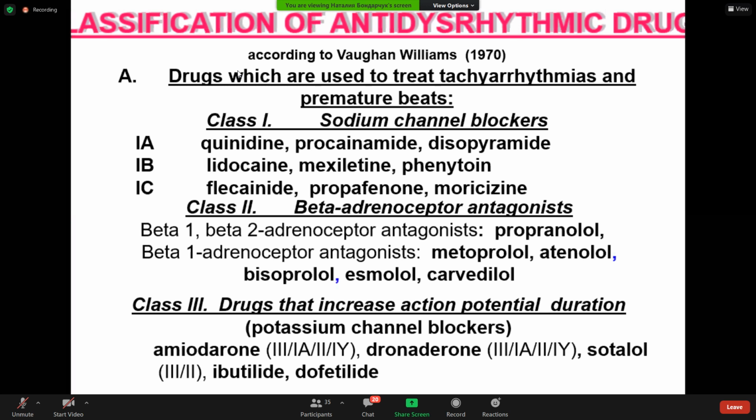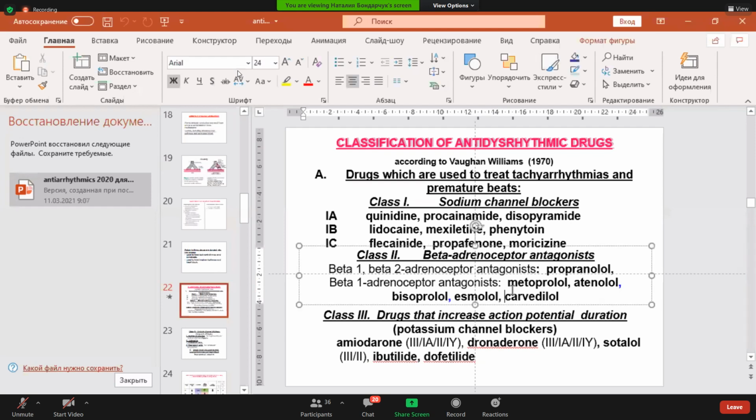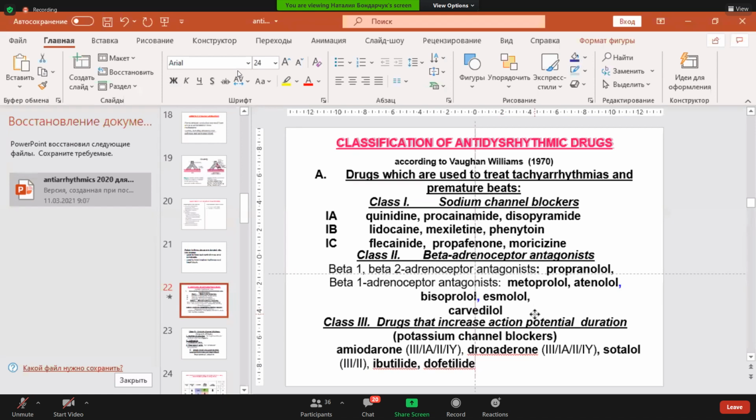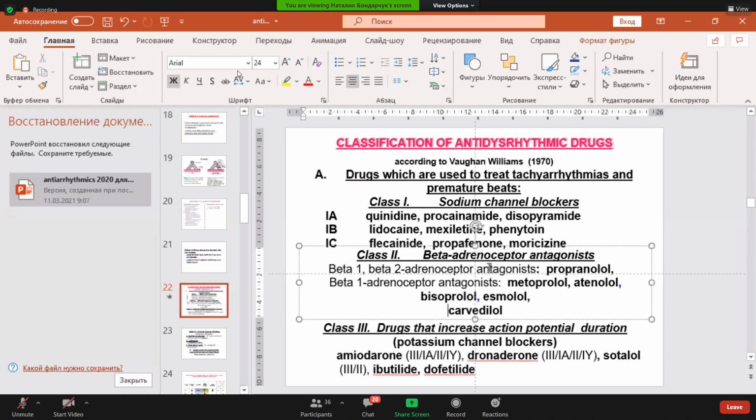So, non-selective beta-1 and beta-2 adrenoblockers: propranolol, nadolol. And cardioselective, you can also call this group of drugs beta-1 adrenoceptor antagonists: metoprolol, atenolol, bisoprolol, esmolol. And you see carvedilol we can't put into the selective because carvedilol belongs to the drugs that are alpha and beta adrenoblockers.